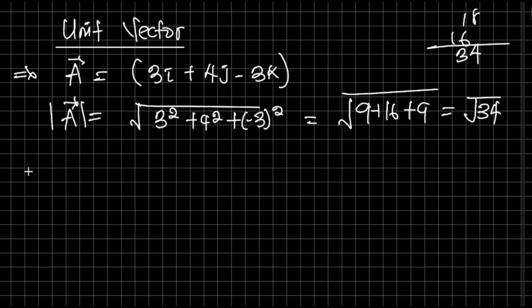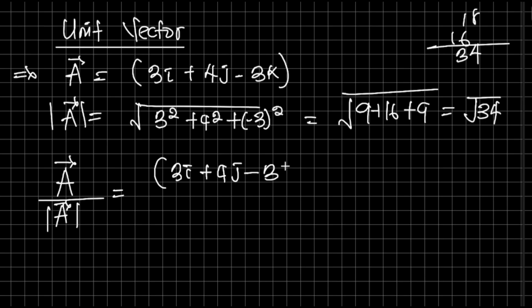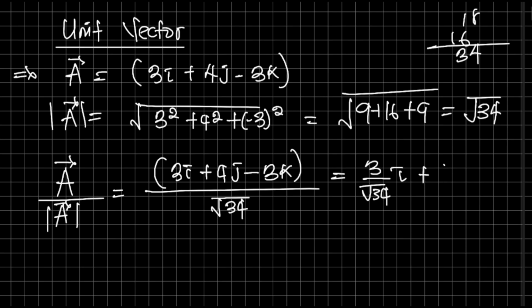So if we now write a unit vector, A over modulus of A will be equal to the vector 3i plus 4j minus 3k all over the square root of 34, and that will be 3 over square root of 34 i plus 4 over square root of 34 j minus 3 over square root of 34 k.